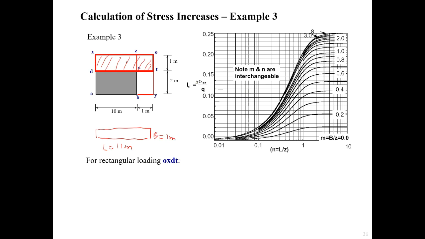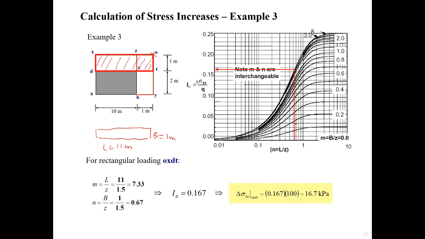We assume we have this pressure on top of this area, so that O will be the corner of this rectangle. So now M is 11 divided by Z and N is B over Z. Again, we find the N sigma from this chart, that's 0.167. Doing the further calculation, the stress increase is 16.7 kPa.